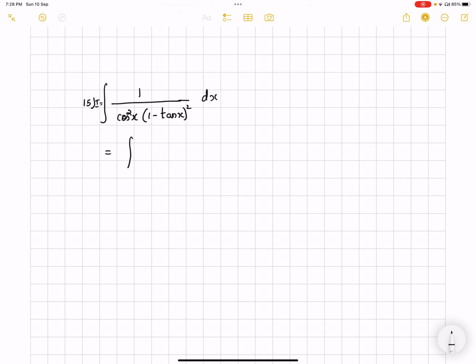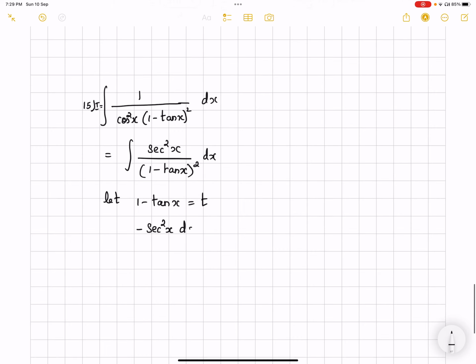So to avoid the confusion, let's write in the beginning itself secant square x divided by (1 minus tan x) the whole square dx. Now, let 1 minus tan x be equal to t. Then minus secant square x, as 1 when differentiated becomes 0. So that's where I get minus secant square x dx is equal to dt.